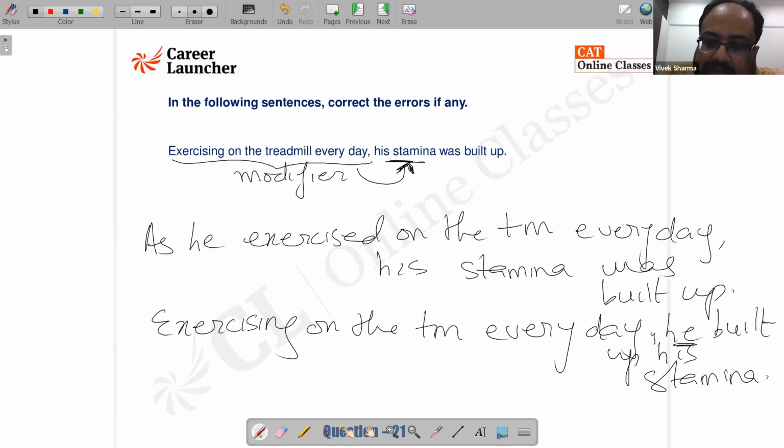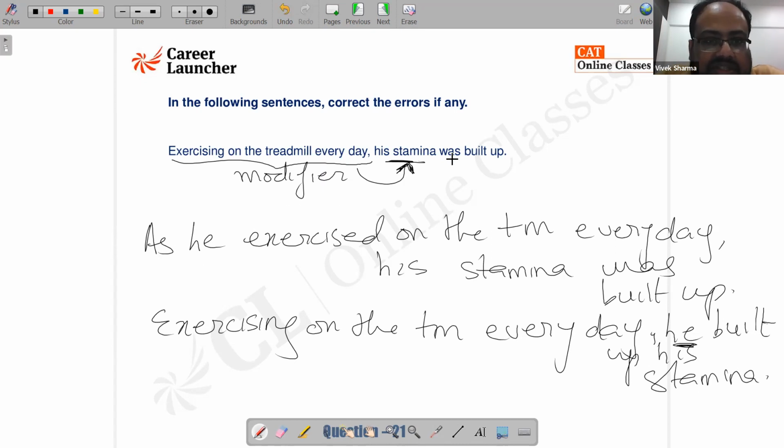Right? In this case, it becomes clear who was exercising on the treadmill. And exercising on the treadmill every day, he built up his stamina. Right? Or else what I can say is he built up his stamina by exercising on the treadmill every day. Even that's correct. Okay, Ritik, what you're saying is, aren't we changing the tense of the sentence?